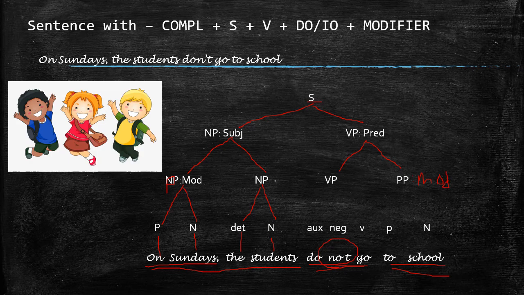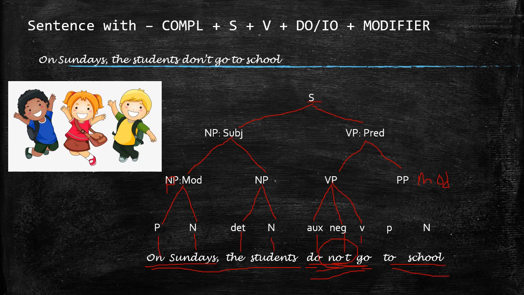Okay, so we continue to the verb phrase. In "do not go" we have "do" as an auxiliary, "not" as a negator, and the verb "go", so we put into three branches: do, not, and go. "Do" is the auxiliary, the negator is "not", and the verb is "go".